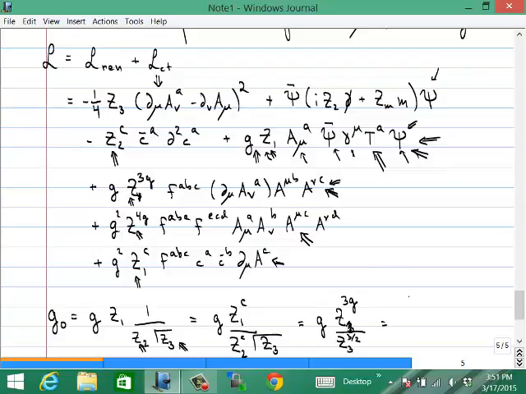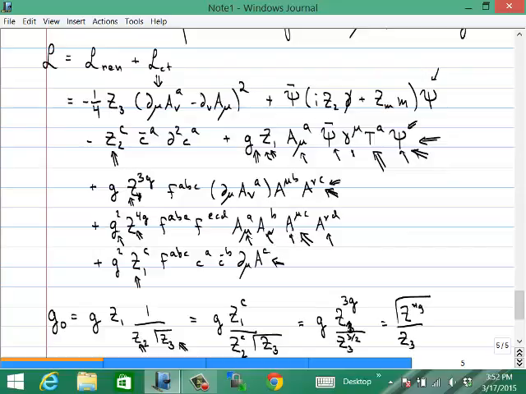You get a Z4, now with a square root, because we had a g squared here, divided by Z3 to the fourth power under the square root, because I have four powers of A here.